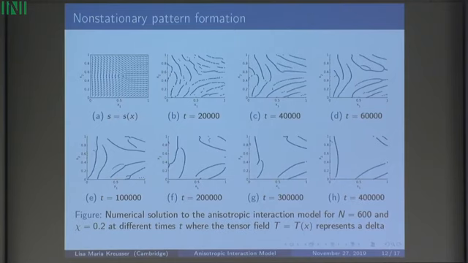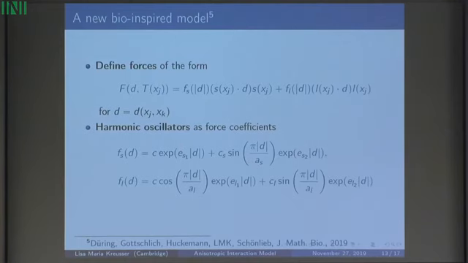And this motivated us to introduce a new bio-inspired model where we considered appropriate force coefficients which are motivated by harmonic oscillators, which is something very common in mathematical biology.